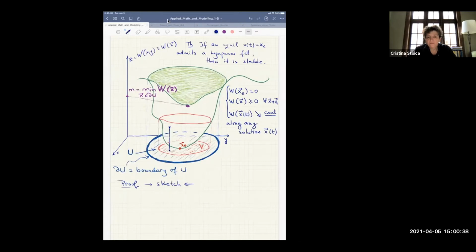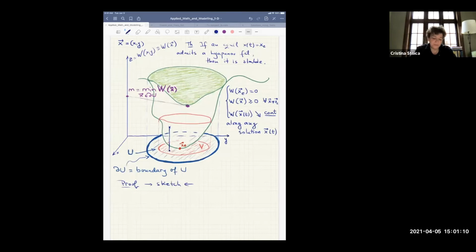So I'm waiting for you to finish writing, and then I'll explain what this picture is. We're going to just follow the picture pretty much. So here is how it goes. I'm working in 3D. Here an x actually means it is in R2, so it's in xy coordinates.